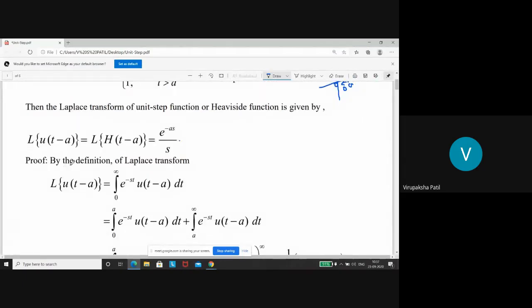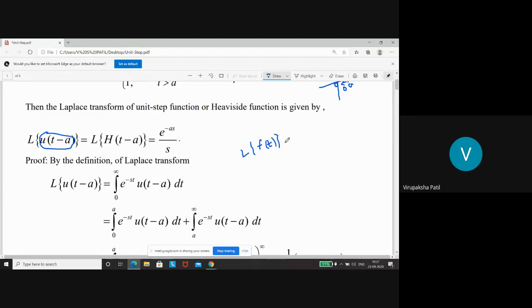By the definition of Laplace transforms, consider this as your f of t. What is the definition of Laplace transform? The basic definition, I told you, you should remember that.